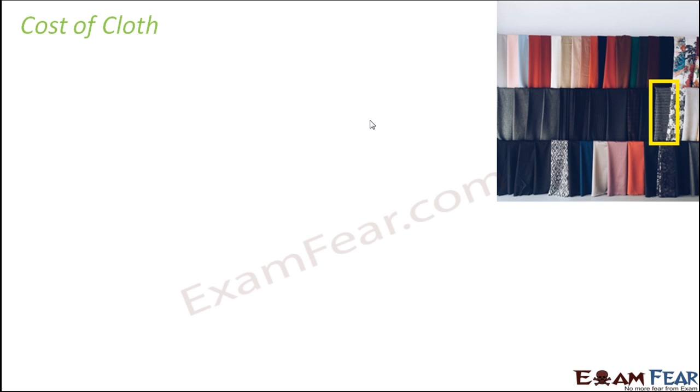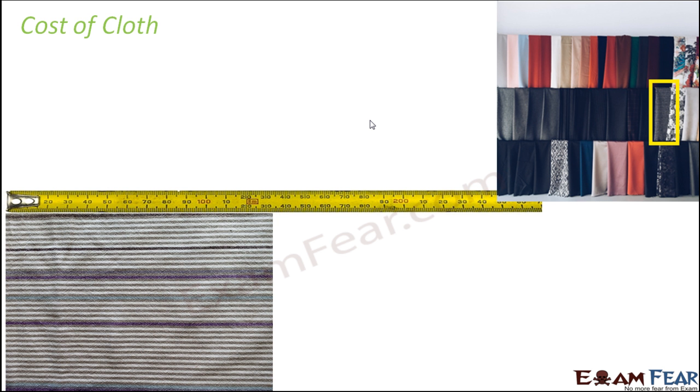Now you will tell the shopkeeper how much cloth you need, the length of the cloth. How is the cost of the cloth dependent on the length? Let's say you need 2 meters of cloth. The cost of 2 meters is ₹100. That's what the shopkeeper has told you.